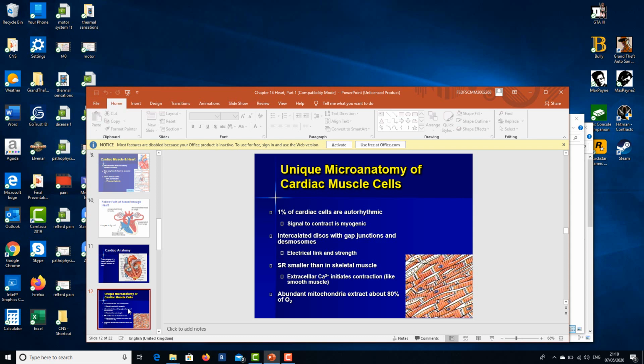Now these disks have the electrical link and strength. The sarcoplasmic reticulum over here is smaller than in the skeletal muscle. The extracellular calcium initiates the contraction like that of the smooth muscle.